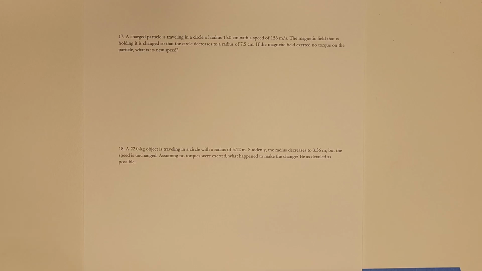Question 17. A charged particle is traveling in a circle of radius 15.0 centimeters with speed of 156 meters per second. The magnetic field that is holding it is changed so that the circle decreases to a radius of 7.5 centimeters. If the magnetic field exerted no torque on the particle, what is its new speed?